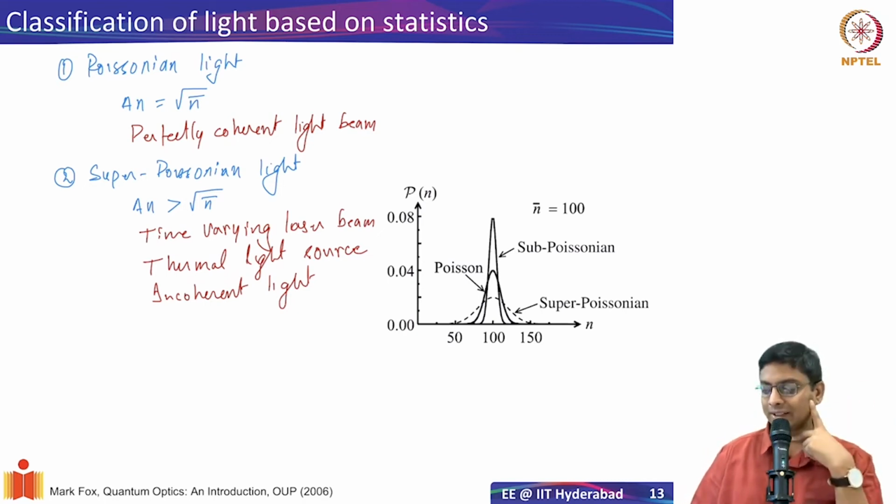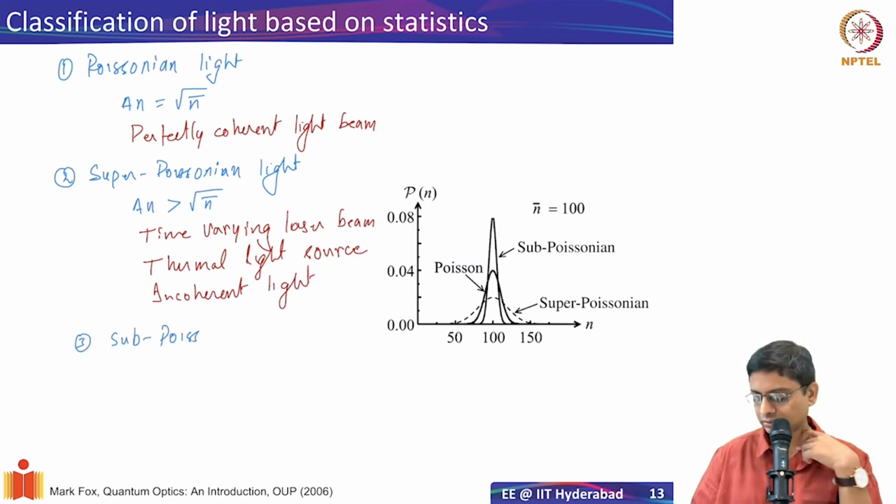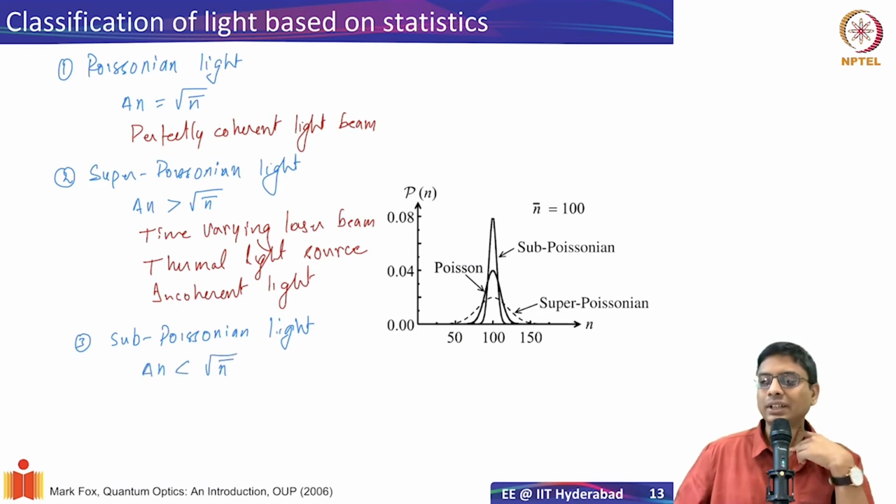And the third class is going to be sub Poissonian. What do I mean by that? Well, I mean delta n is less than square root of n bar. And this is a situation where we don't have any classical analog.